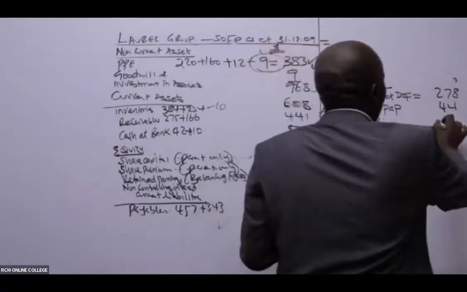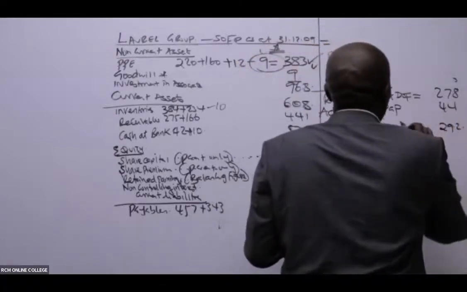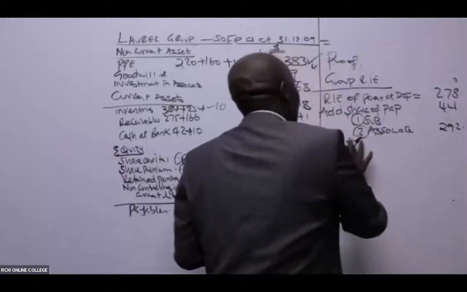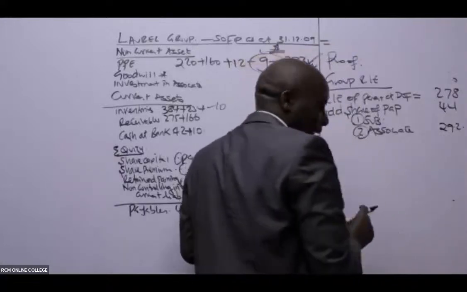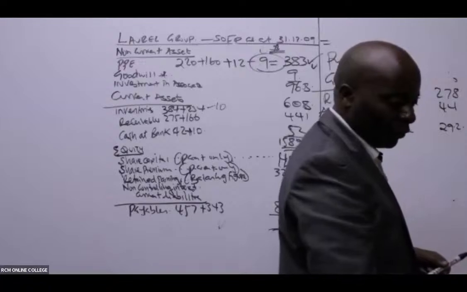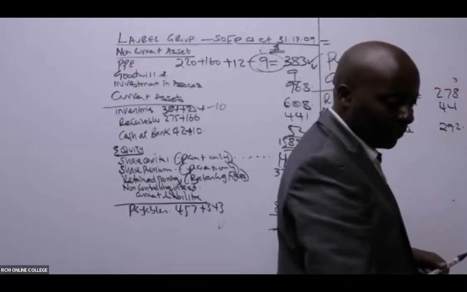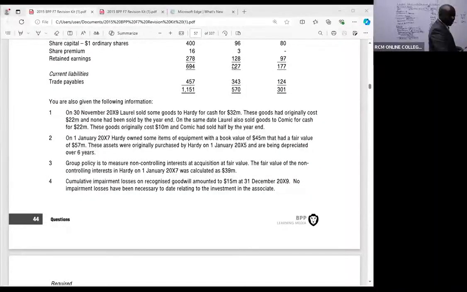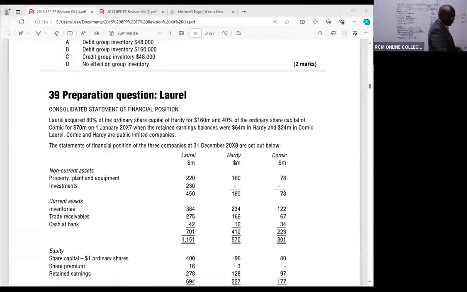29.2. Let's repeat this. Remember, we said for the associate, it is growth in retained earnings. Post-acquisition profit for the associate: it is retained earnings at the end of the year, reporting date, 97, minus retained earnings at acquisition.